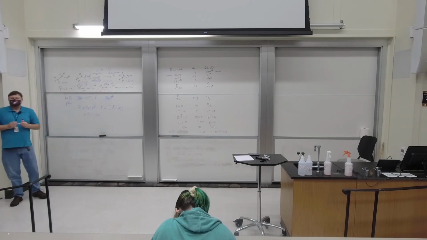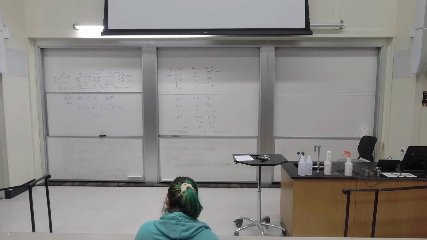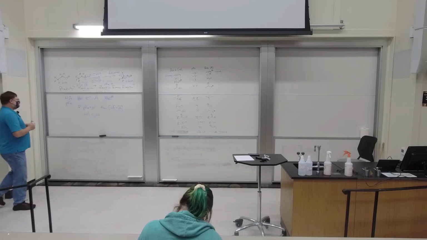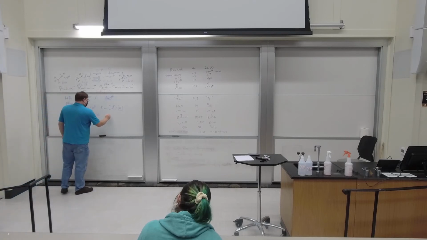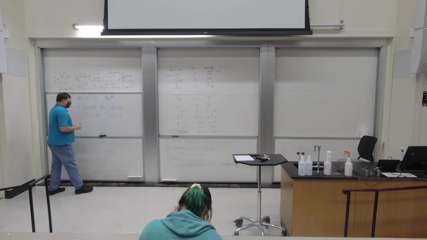If the pH is less than the pKa, remember as pH goes down, the solution's more acidic, got more protons. So under more acidic conditions, the concentration of the protonated form will be greater than the deprotonated form.